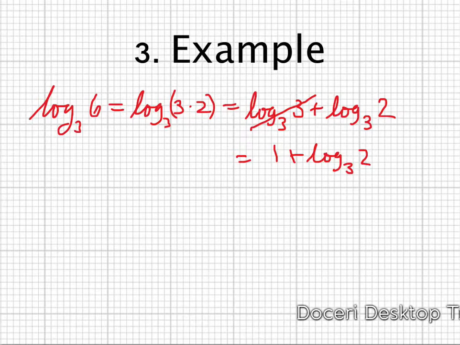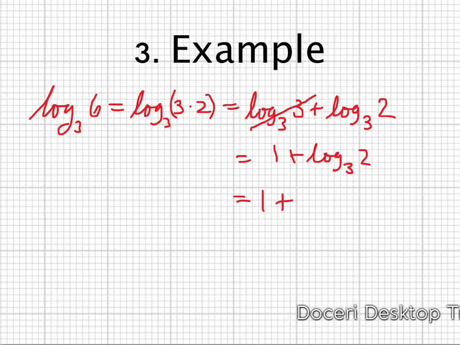Now log base 3 of 2 isn't really helpful. So you can do this two ways. Since you have log base 3, you can rewrite the log base 3 of 2 using the change of bases formula, which we still have the 1 out front.